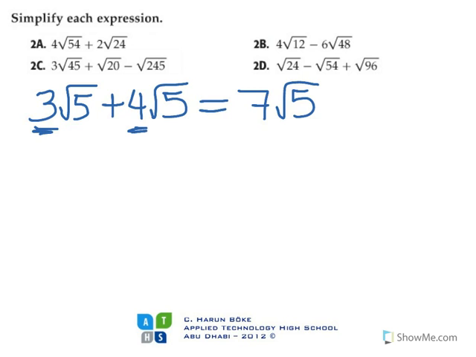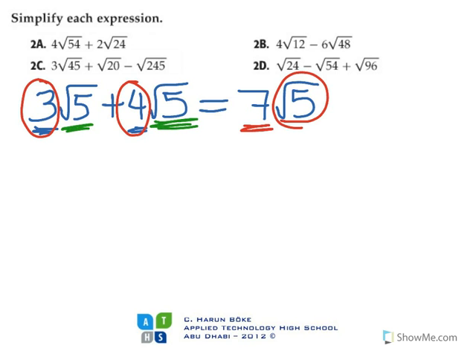So this means we only add the numbers in front of the square root expressions, as 3 plus 4 equals 7, and we never change the square root expression itself. And we have to make sure the square root expressions in the addition or subtraction are the same.